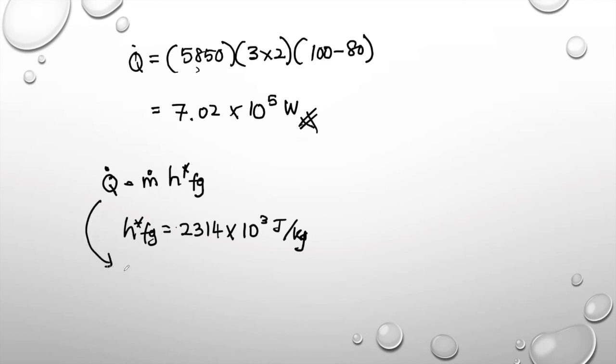You may rearrange it, so M dot is equal to Q dot divided by H Fg. From here we get the value for the M dot condensation rate as 0.303 kilogram per second. So you have answered the second question, the condensation rate. That's all for example 17.